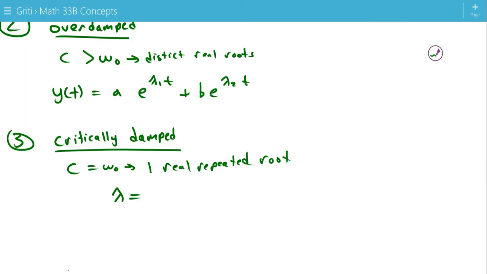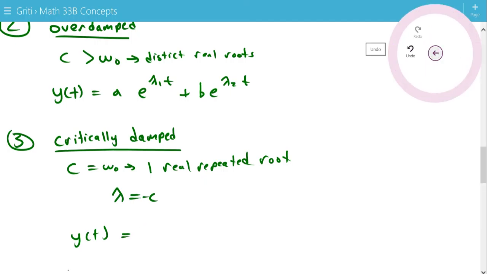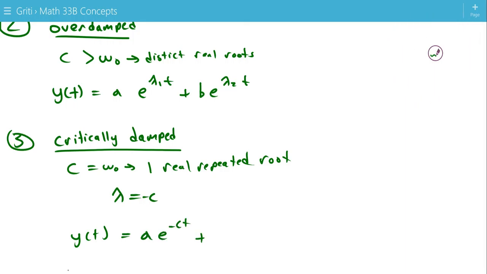In this case lambda will equal negative c, so y of t is going to equal a e to the negative ct plus b t e to the negative ct.